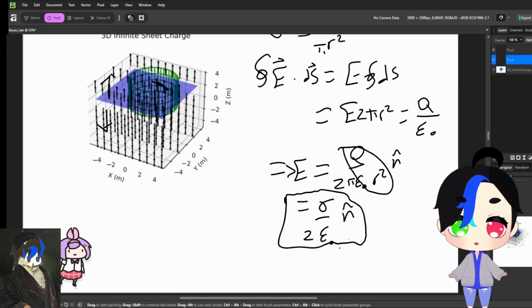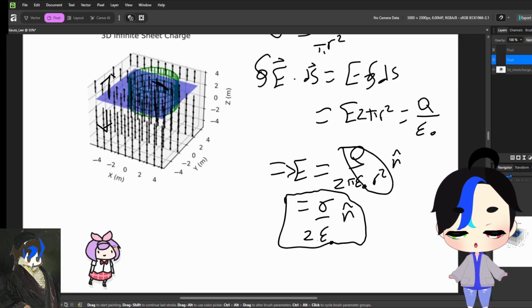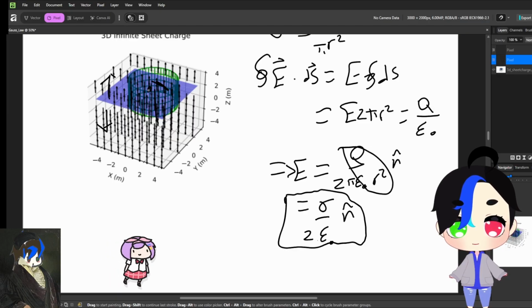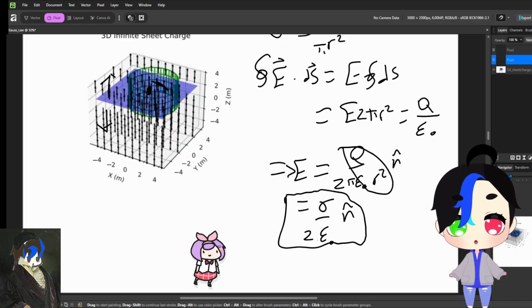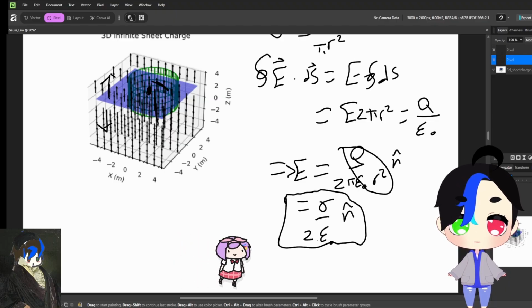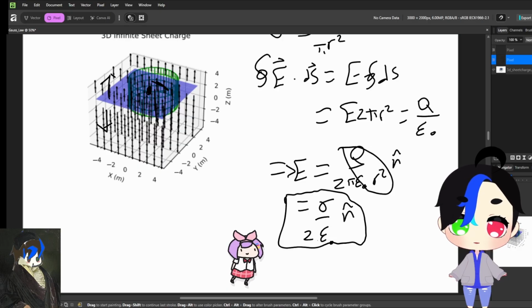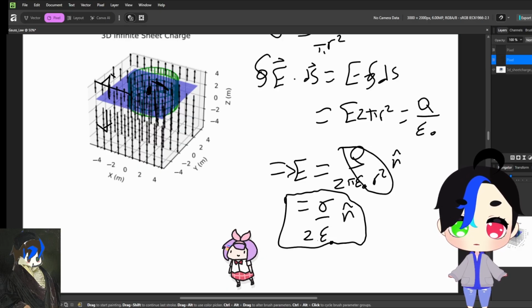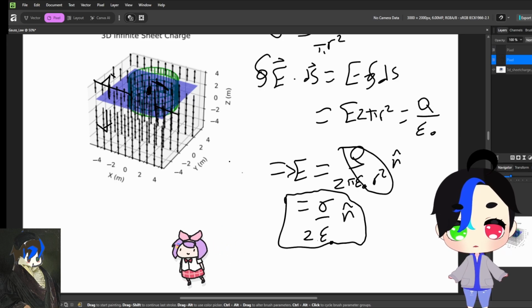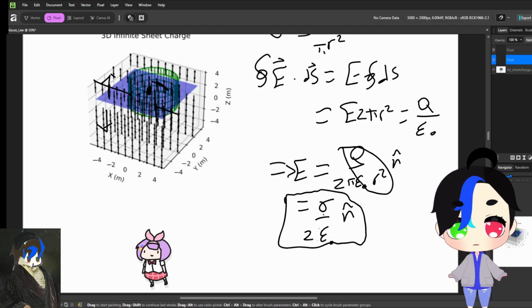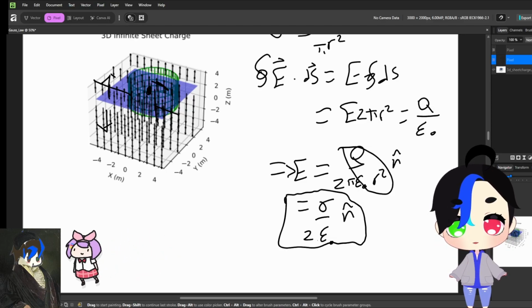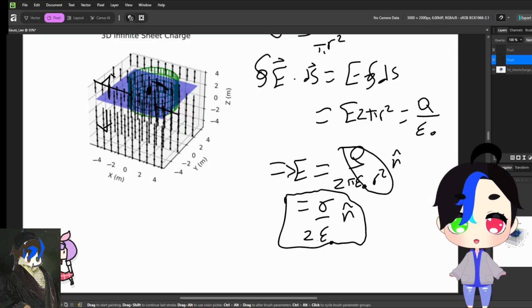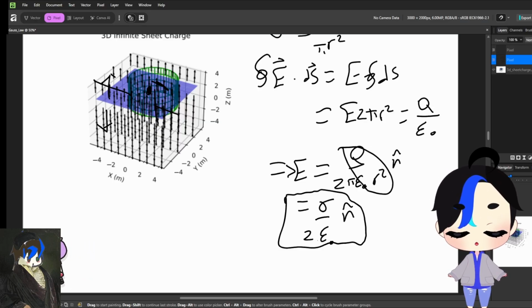So even though this doesn't hold true, we can't actually have an infinite sheet in reality, if you're close enough to a finite sheet, basically imagine you come up really close to a giant wall, the wall itself might have a finite extent, but if you're up close to it, you don't know that. It might look like it spans forever. So that tells us that if we're really close to a sheet of charge, the E field can be reasonably approximated as this constant value. And that makes measurements and estimations and predictions easier. So that's why we do these toy models.